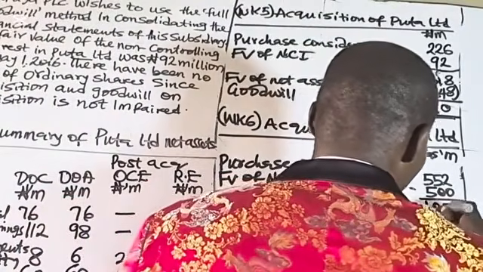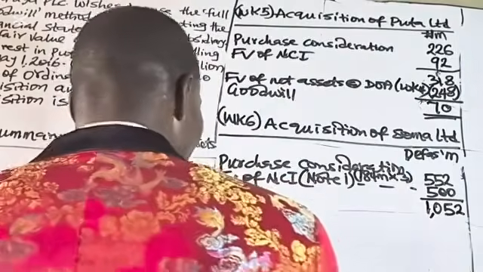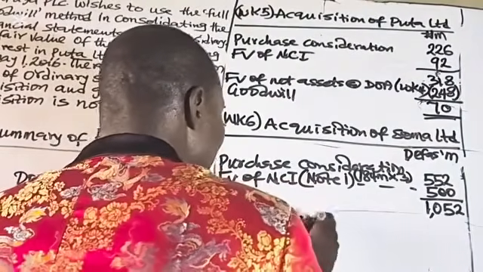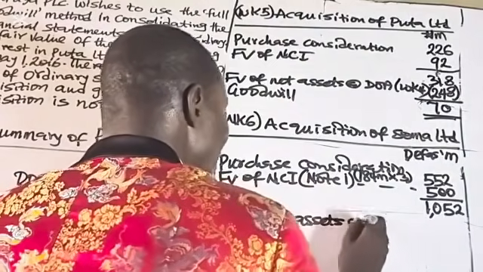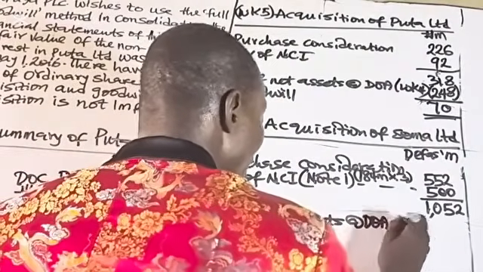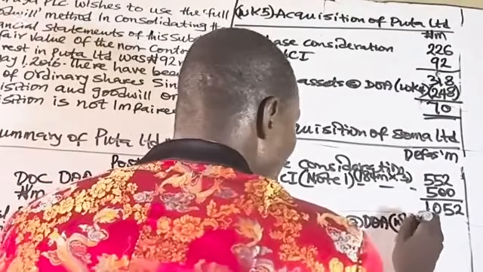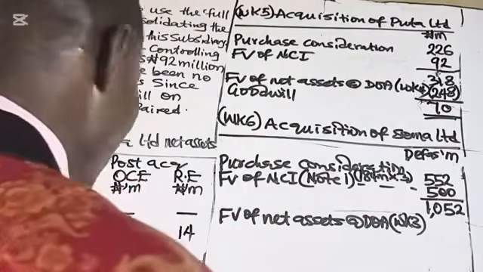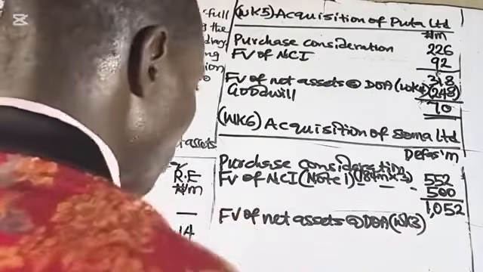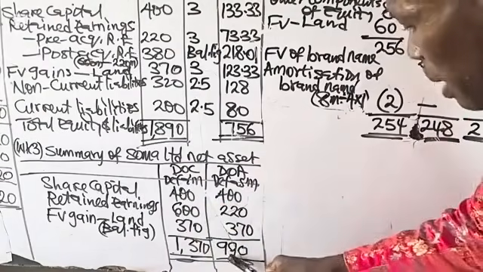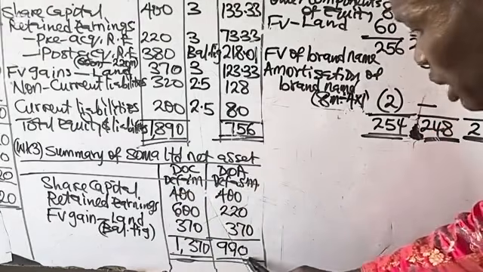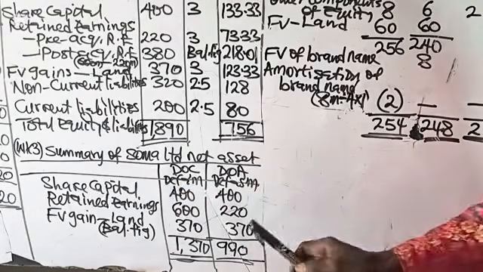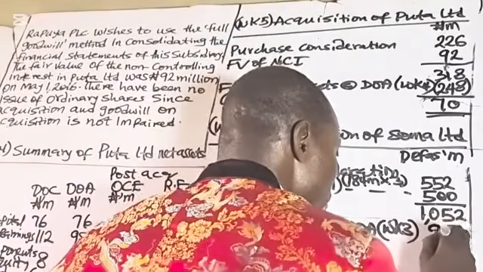1,052. Then you deduct the fair value of net assets at the date of acquisition, which can be obtained from working number 3. The fair value of net assets at the date of acquisition amounted to 990 million.